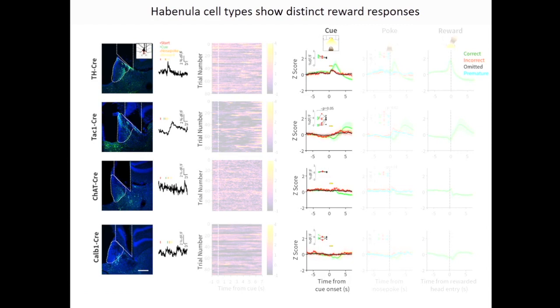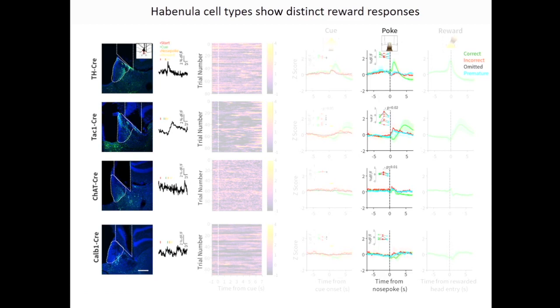So first I wanted to look at the time period before the cue. Perhaps I could see here if there was some activity that was different between correct and incorrect trials that might indicate a role in attention. I didn't see any strong effects before the time period of the cue. You could see stuff happening a little bit later on if I now realign to the poke, which comes immediately after the cue, and look before the poke, and this might indicate a role in impulsive behavior.